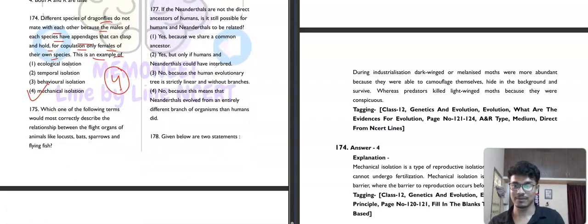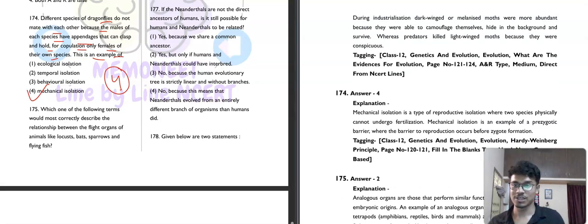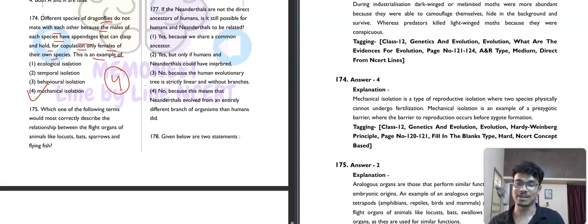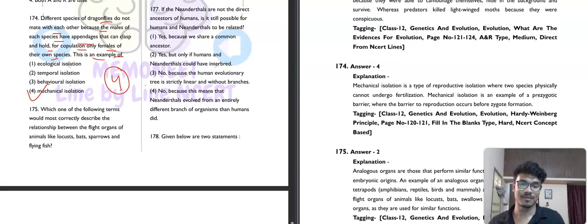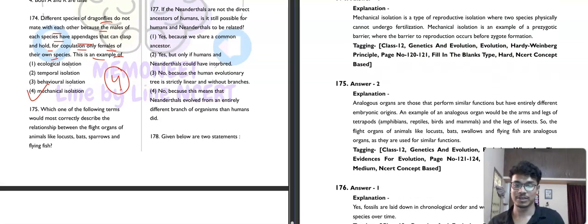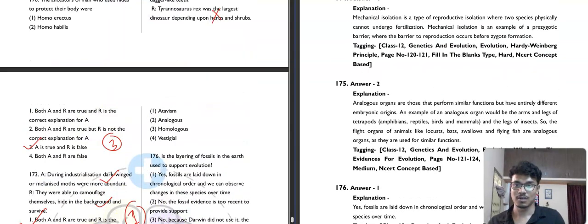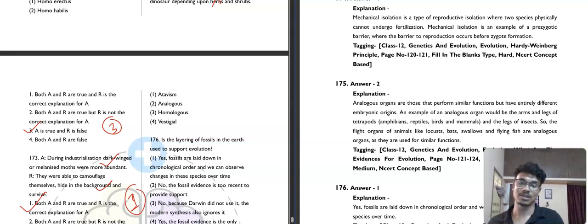Then 175. Which of the following terms would most correctly describe the relationship between flight organs of animals like locust, bat, sparrow, and flying fish? Let's read out the options. Atavism, analogous, homologous, or vestigial.